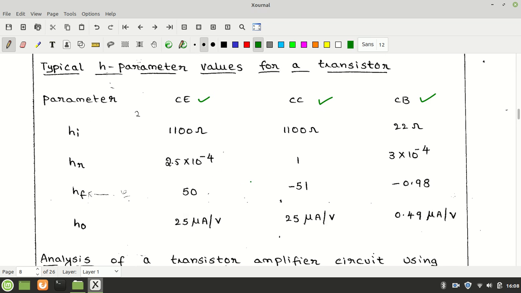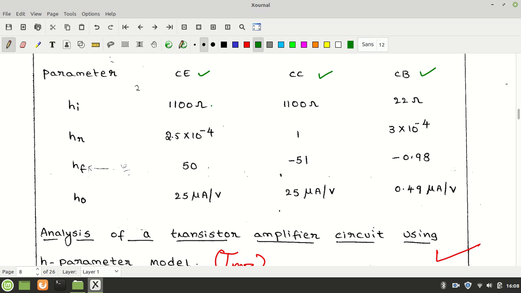HI you can see is very large, that is, the input resistance is very high for CE and CC mode, and the output admittance is very low for CB. Those are things you can check from this table. These are typical values.